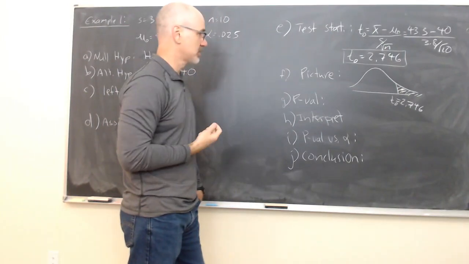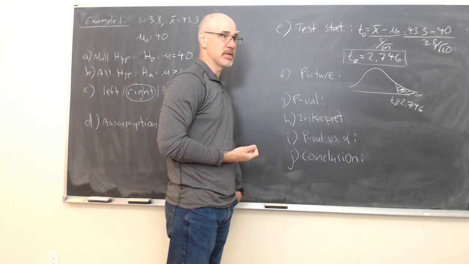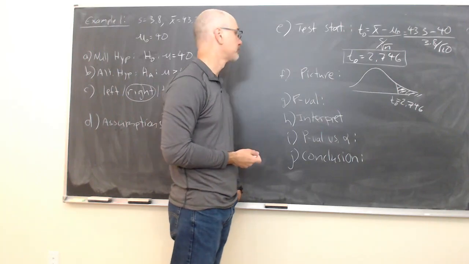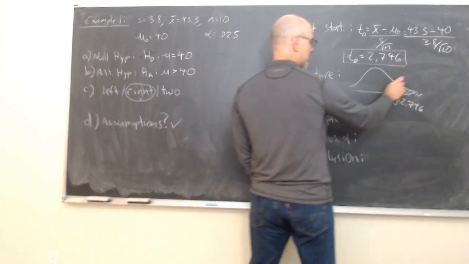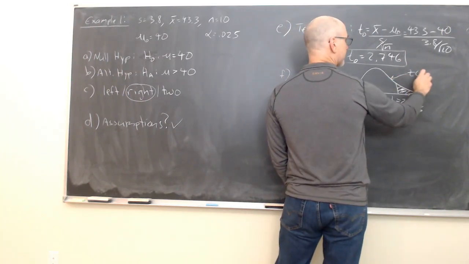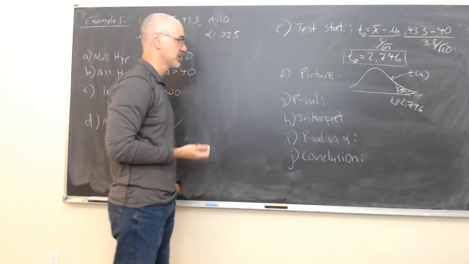Right? So if the null is true, what are the chances that we get a sample mean out of our 10 cigarettes of 43.3 or bigger? You can note, it's not necessary, but you can note that this is a t distribution with 9 degrees of freedom. Okay, so that's what the picture represents.